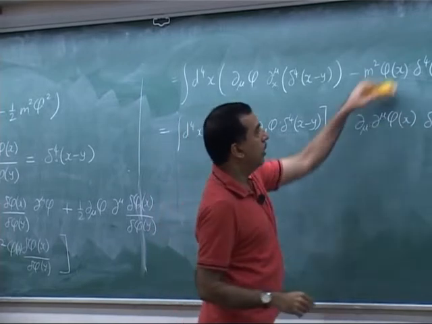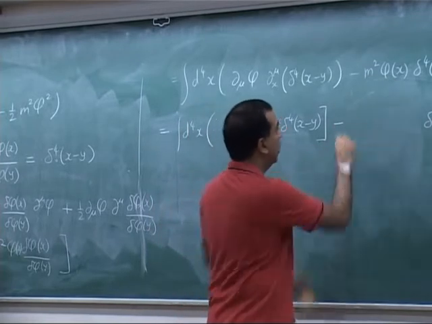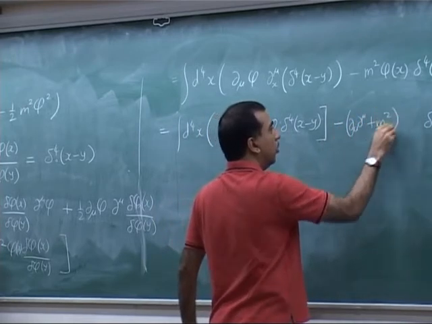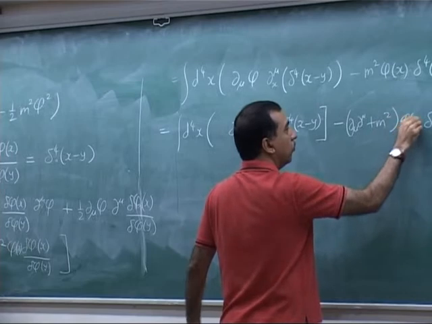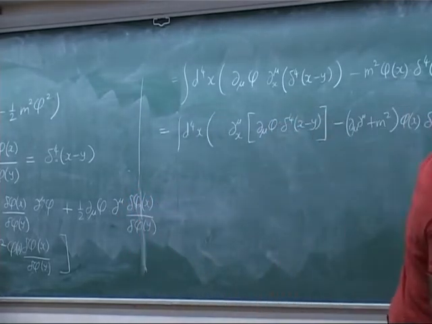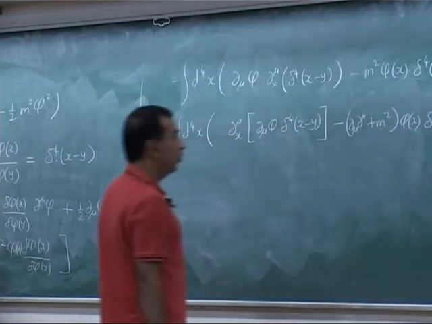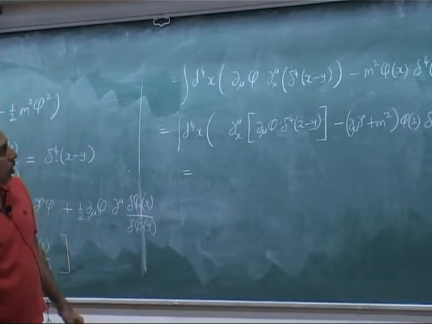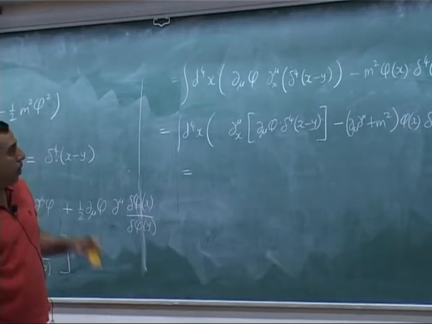So that last term I can combine with this and write it as del mu del mu plus m squared phi. Right? Now what does the first term give me?